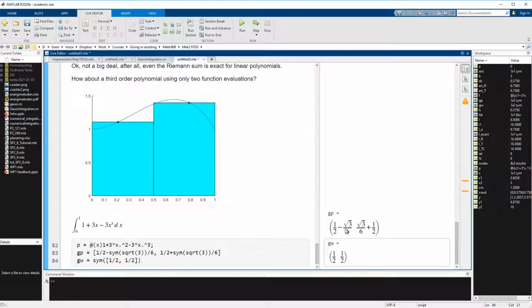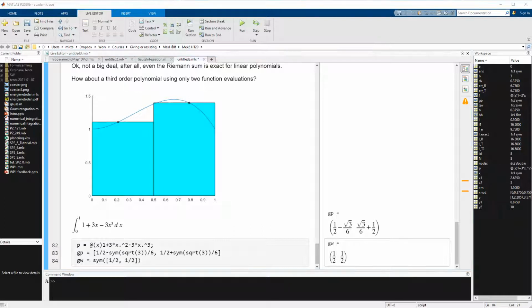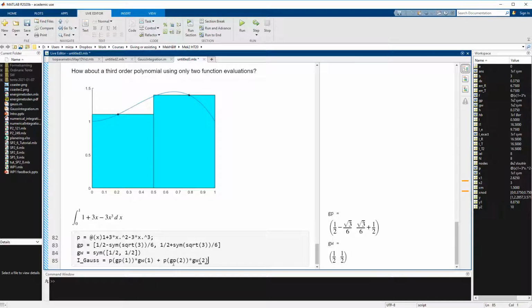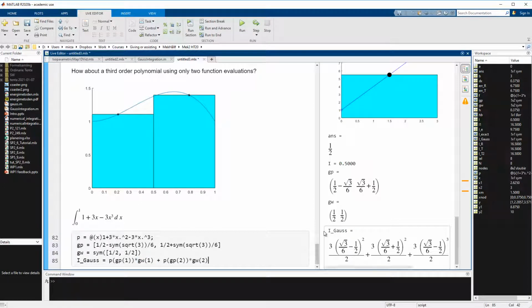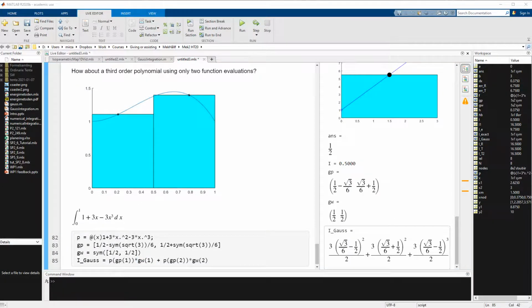So these are the Gauss points. We have 2 of them, and then our Gauss weights. And then our integral becomes our function evaluated at the first Gauss point times the first Gauss weight plus the function evaluated at the Gauss point 2 times the second weight. And we're getting this thing back here. We can simplify this perhaps.